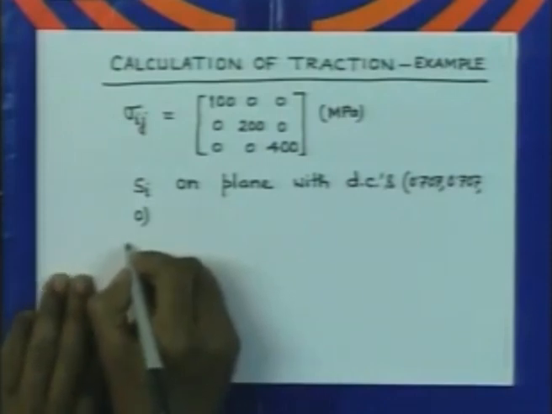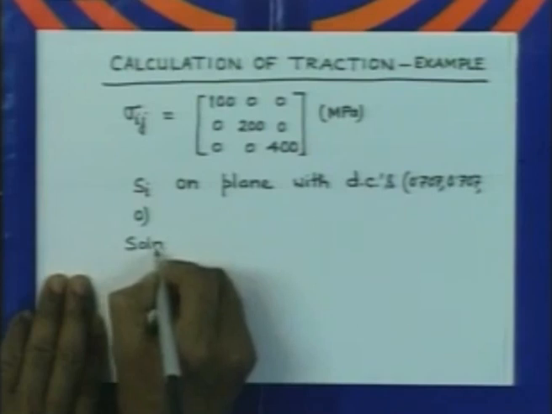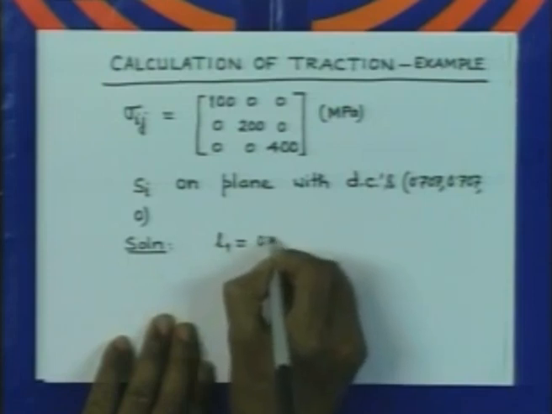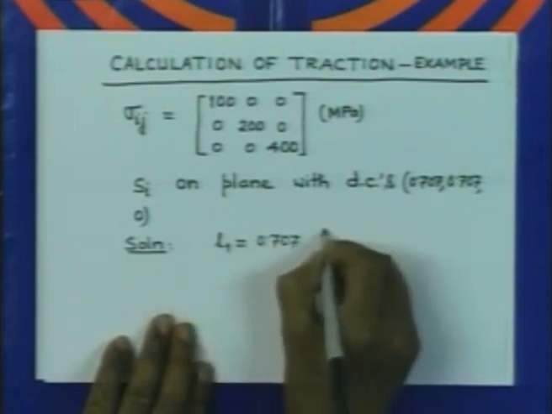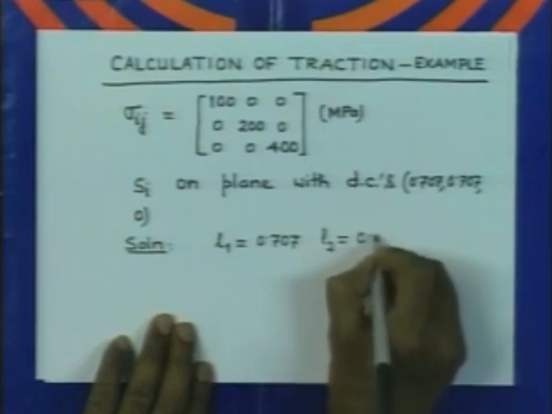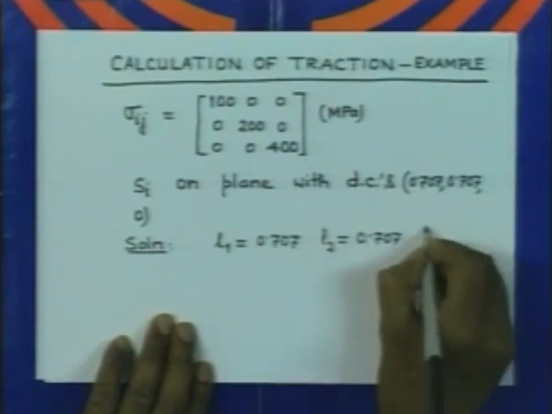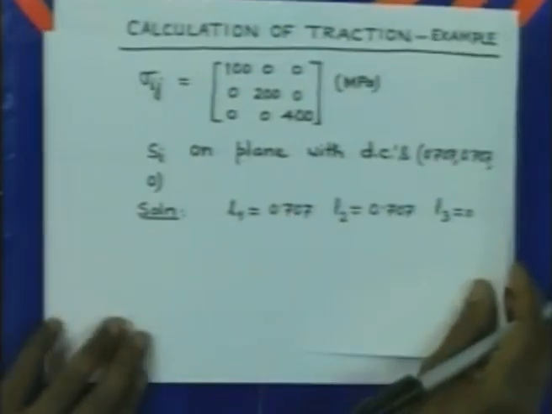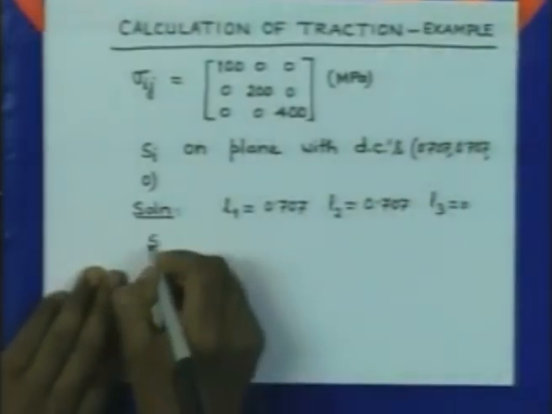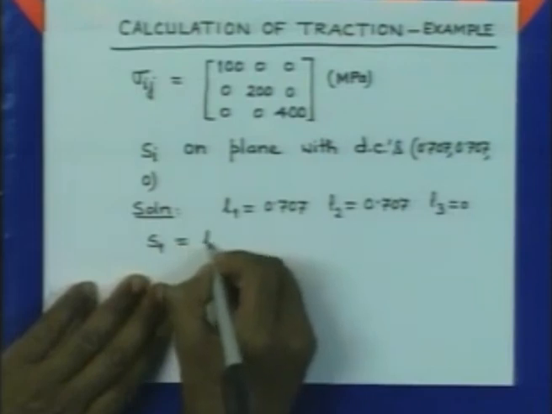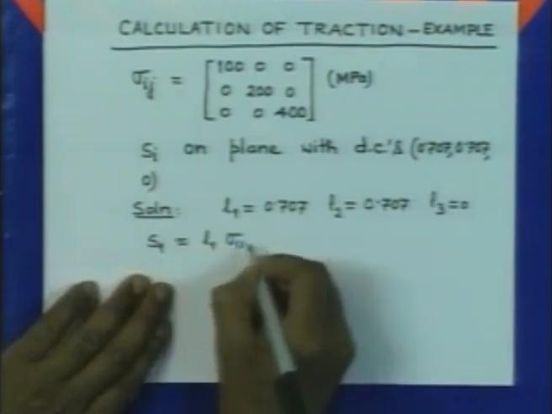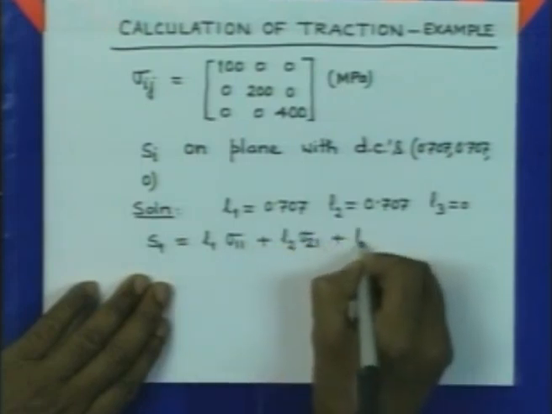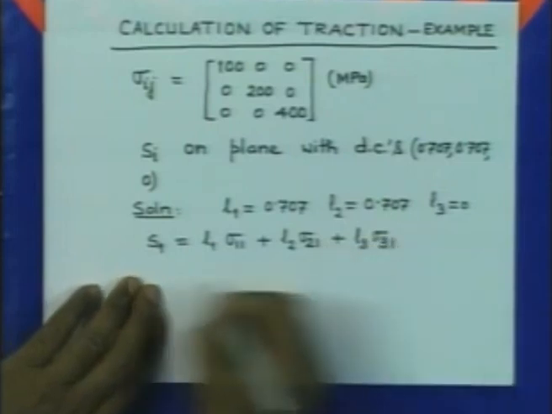So a solution can be done like this. We have L1 is nothing but 0.707, L2 is 0.707, and L3 is equal to 0. So these are the direction cosines, and therefore we can now calculate the traction component 1, which is given by L1 sigma 11 plus L2 sigma 21 plus L3 sigma 31.